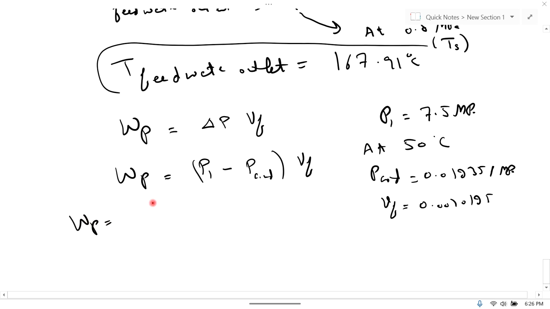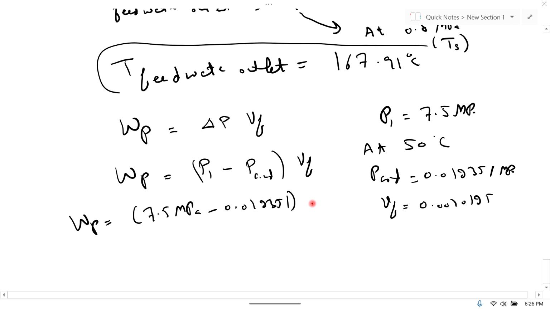So all values are given, so put these values here. W of pump is equal to P1, 7.5 megapascal, minus P of condenser, lower pressure, 0.012351, times Vf. This is in megapascal.